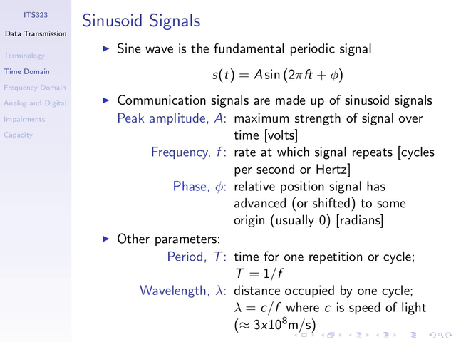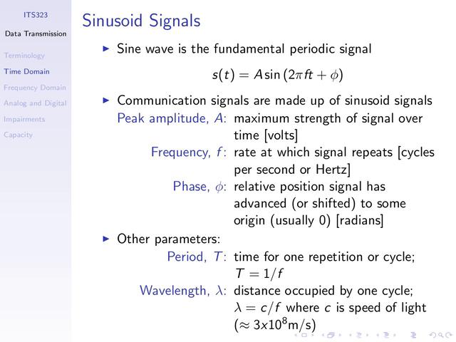The signal strength, S, as a function of time, is the amplitude, the peak, the maximum signal strength, A, multiplied by the sine function, sine of 2 pi f, where f is the signal frequency, times the current time, t, plus phi, the phase of that signal.